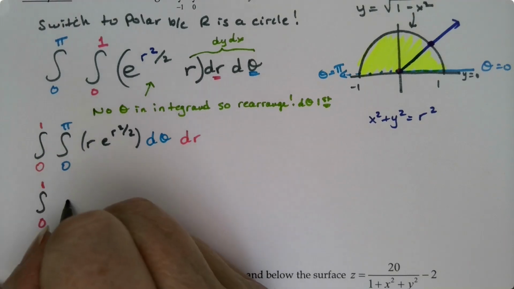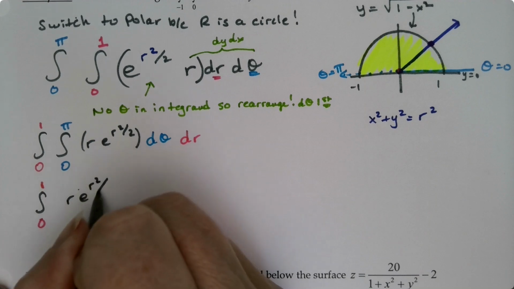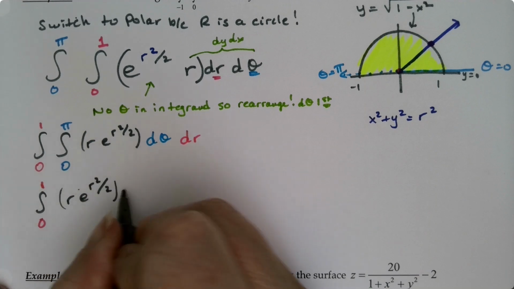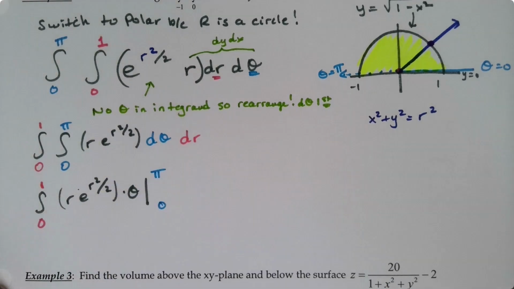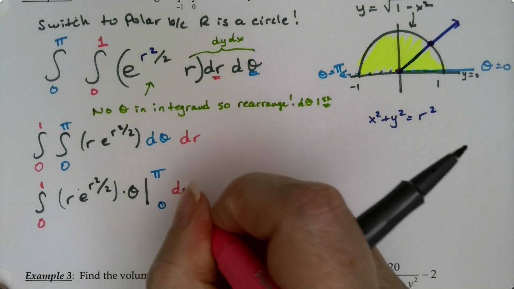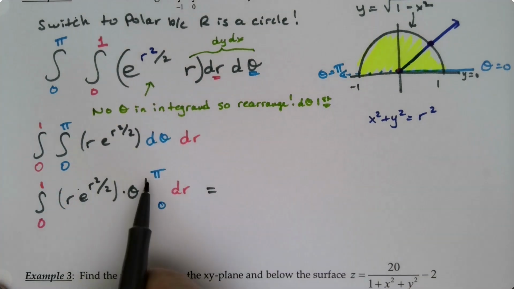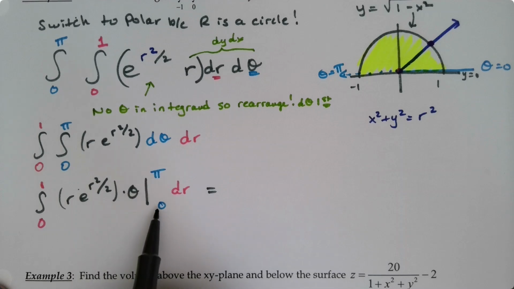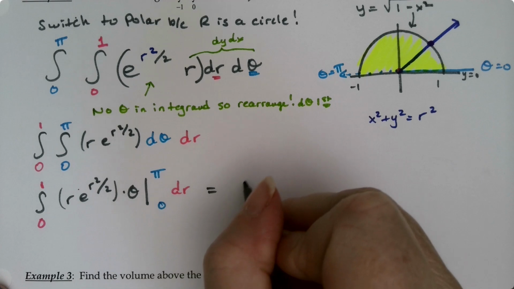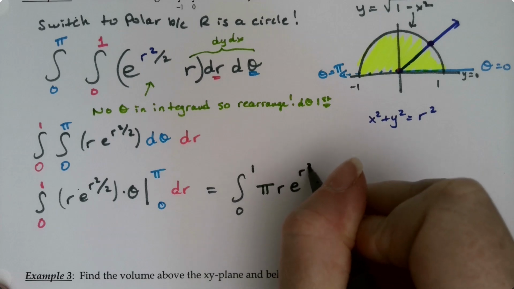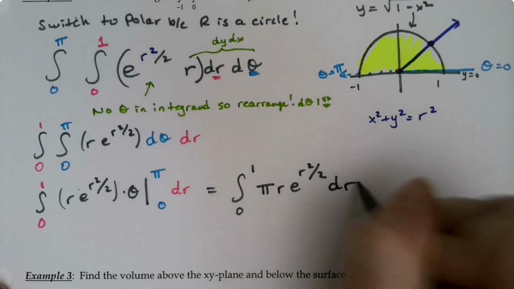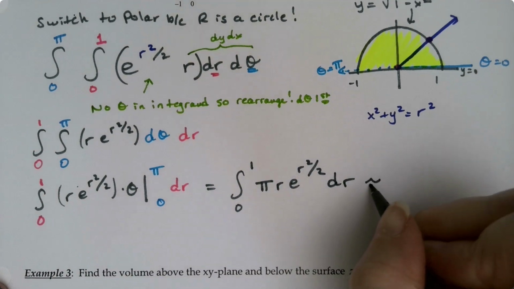So this is r times e to the r squared over 2 times theta, where theta goes from 0 to pi, dr. Okay, but that's just pi times this whole thing, because pi take away 0. So this whole thing becomes the integral from 0 to 1 of pi r e to the r squared over 2 dr, and we're going to make Maple do that.